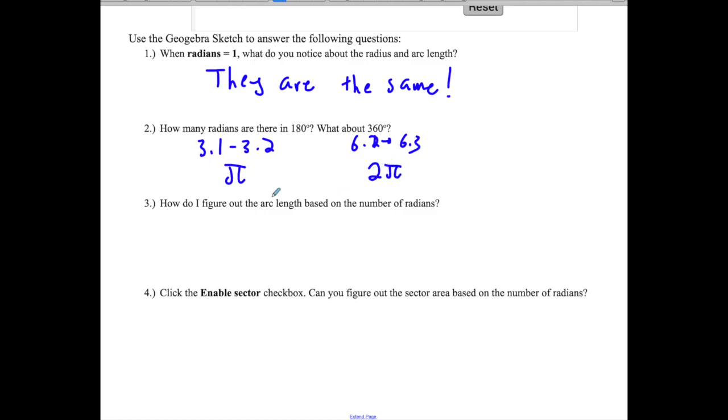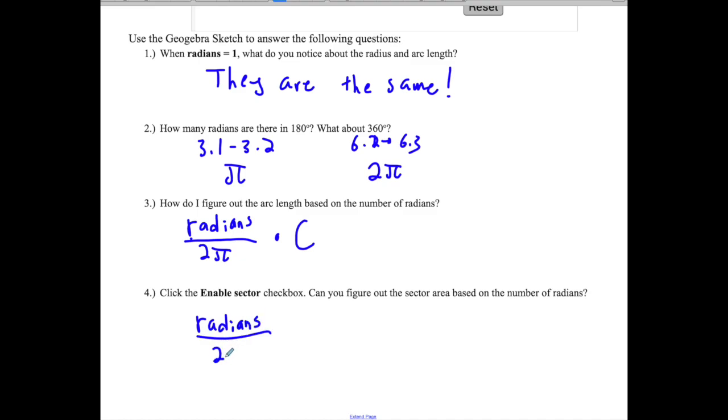Okay? Now, how do we figure out the arc length based on the number of radians? Well, we could take the radians, maybe we could divide by 2 pi, which is the same as 360, and then multiply it by the circumference. And it turns out we can do the same thing with area.